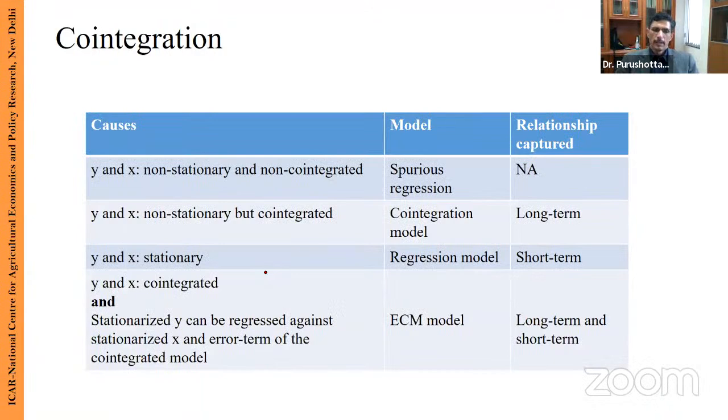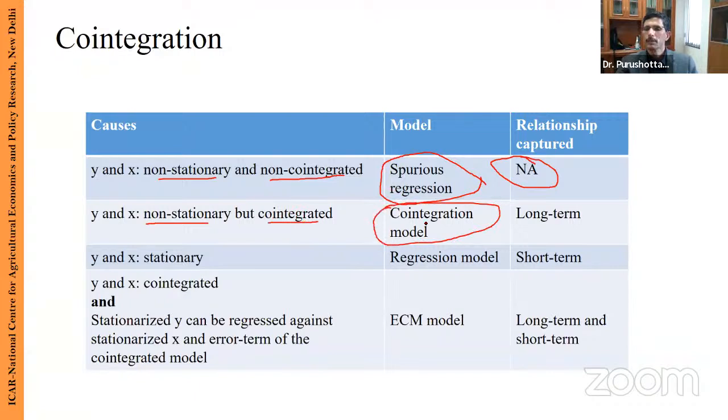So in a nutshell, what we have discussed: if y and x are non-stationary and not co-integrated, whatever regression model you fit is a spurious regression, and no relationship is captured. If y and x are non-stationary but co-integrated, we have a co-integration model, and the long-term relationship is captured through modeling.